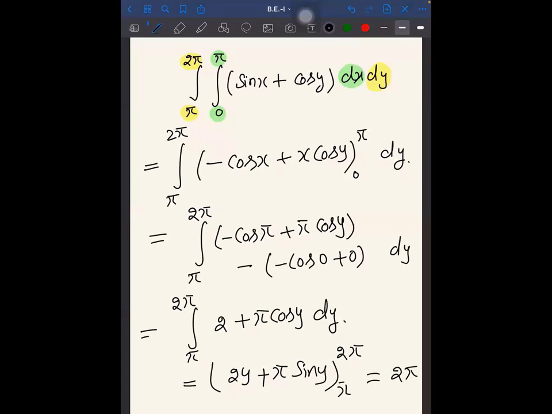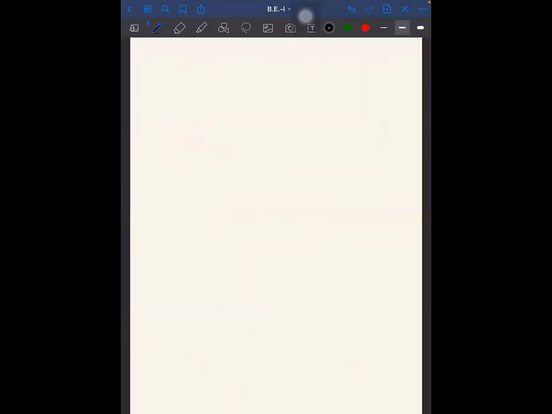So now, let's say when you don't have a limit which is constant, then the things are different, right? How these are given to you. So I'll mark it as double integrals over non-rectangular regions.